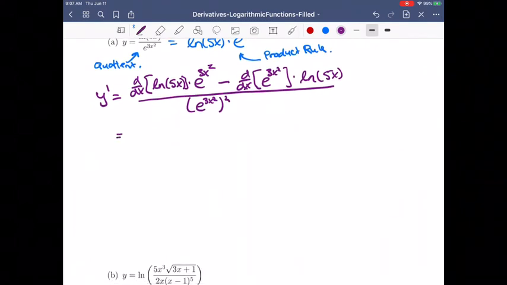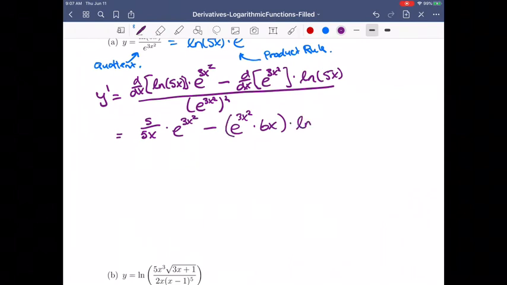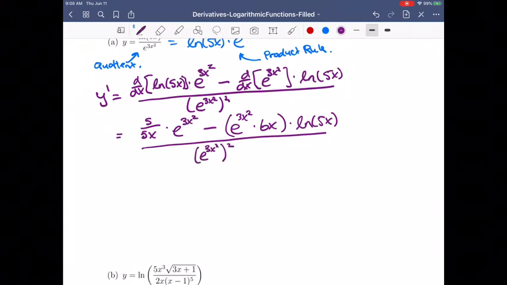The derivative of ln of 5x is actually just 1 over x, but it's 5 over 5x if you want to use the regular rule, times e to the 3x squared. Now the derivative of e to the 3x squared is e to the 3x squared times 6x, and that's also times ln 5x, and this is all over e to the 3x squared.